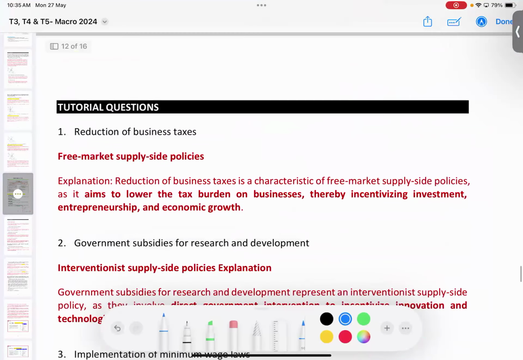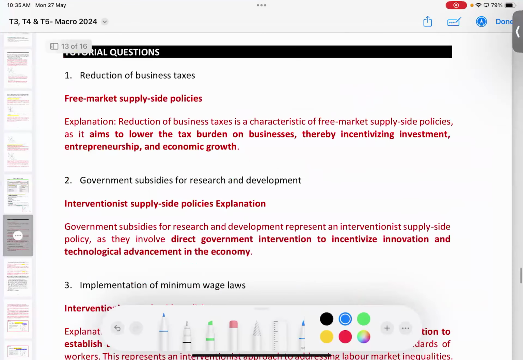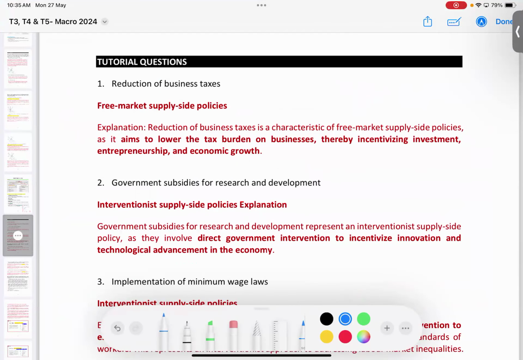Question 1, reduction of business taxes. Like what I said, if the intention of reducing the business taxes is to encourage firms to produce more, therefore we call it a supply side policy, and it's more of a free market supply side policy, because we want to rely on market forces to encourage firms to produce more, to be more efficient and more productive, instead of using government intervention.